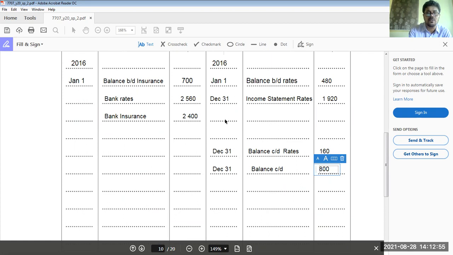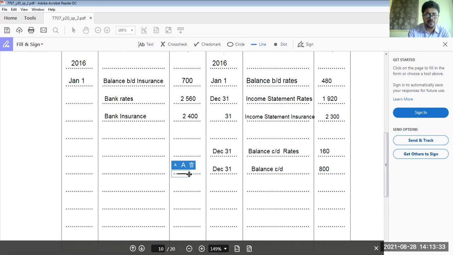So how much is transferred to income statement for insurance? 700 is prepaid, plus 2,400 is paid, 800 is your prepaid, 2,300 is going to transfer to income statement. So this is the end of this account.